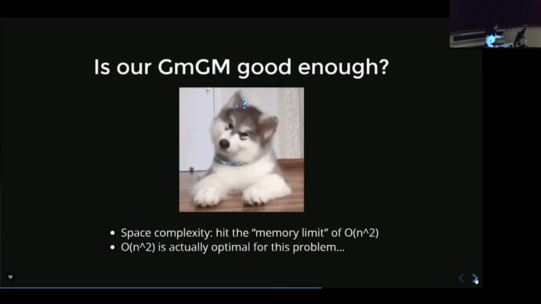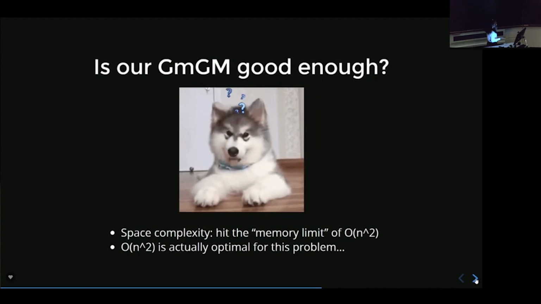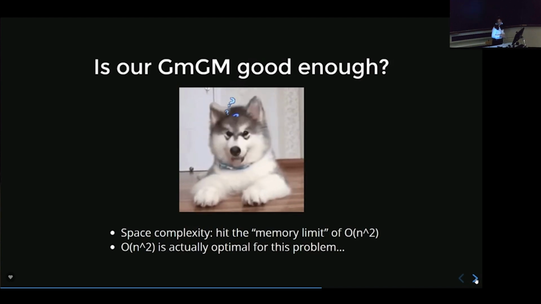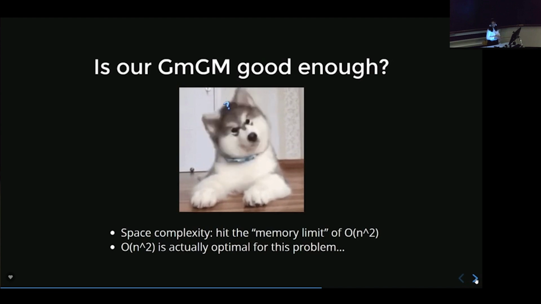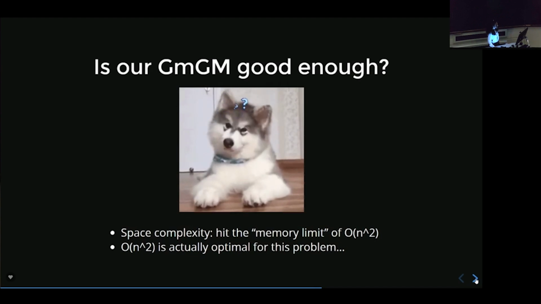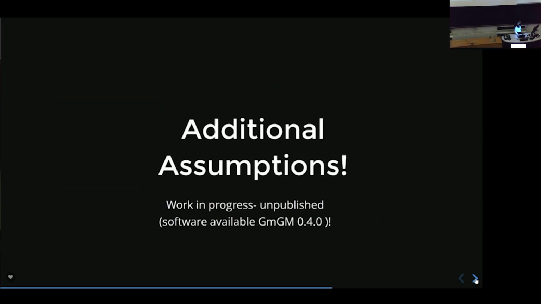Now, is our approach good enough? We do still hit the memory limit of n squared, because that is actually optimal for this problem. We can't avoid that. And how can we tackle this limitation? We will need additional assumptions.